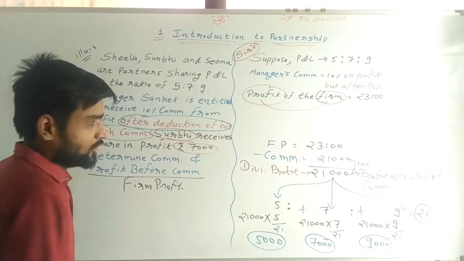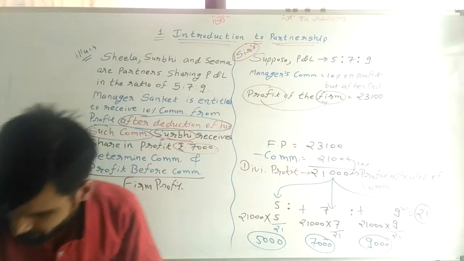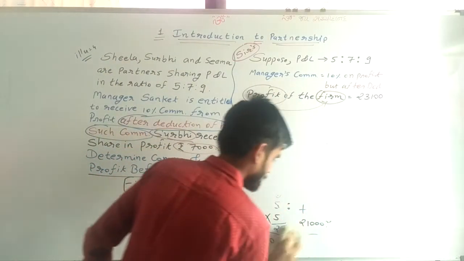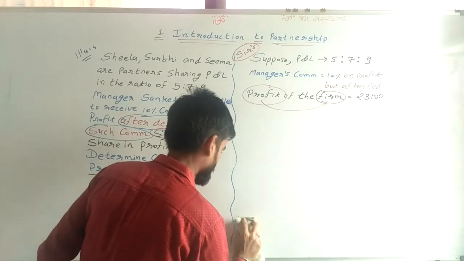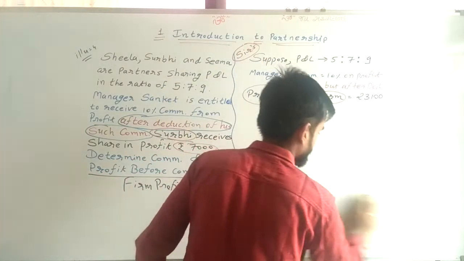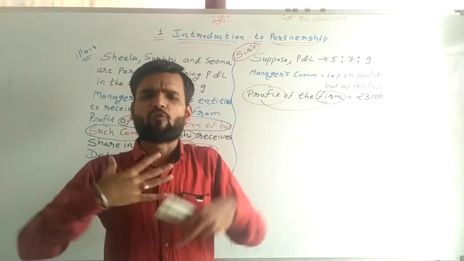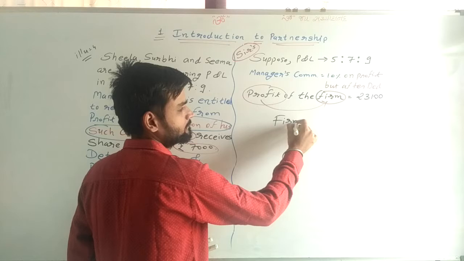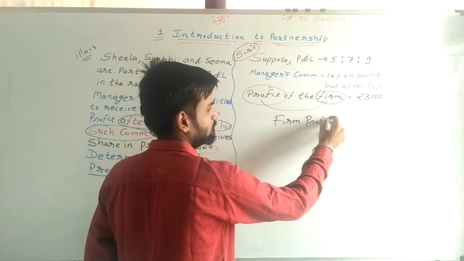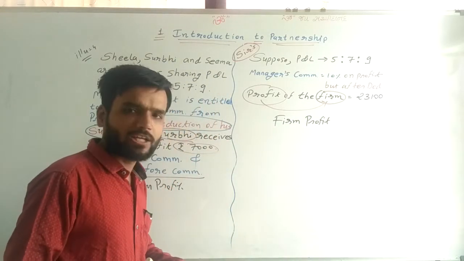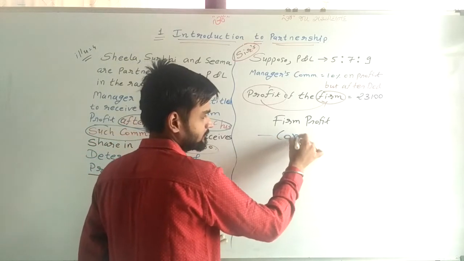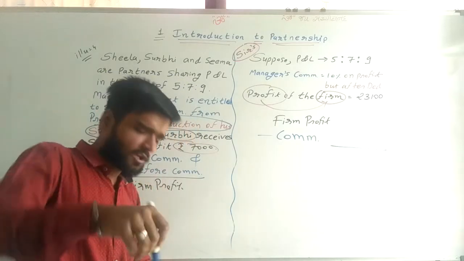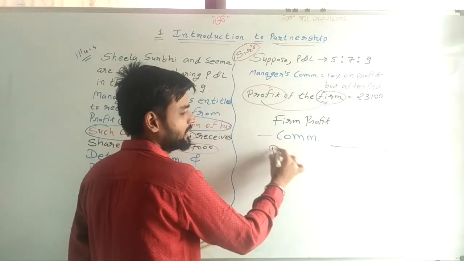See here. First of all, I am writing my format. First write firm profit. From firm's profit, we deduct commission. Whatever the answer is, that is called divisible profit.